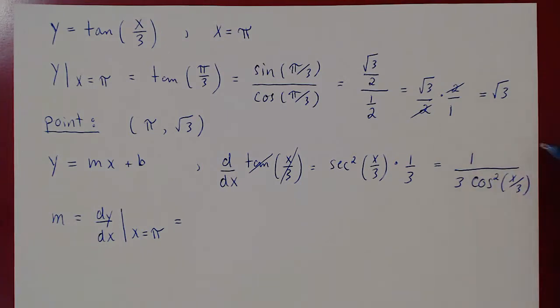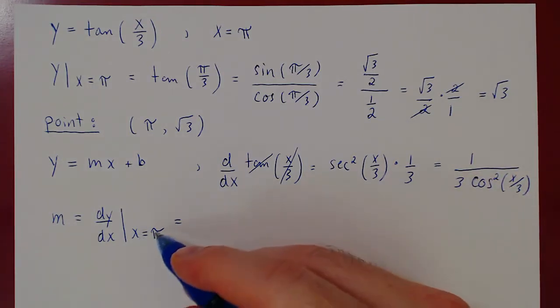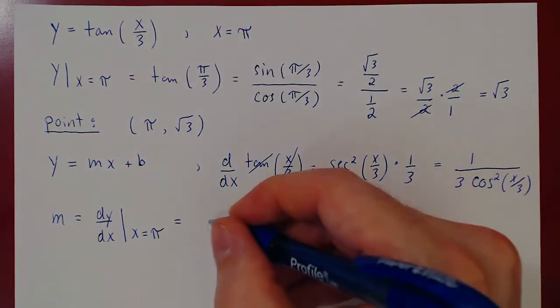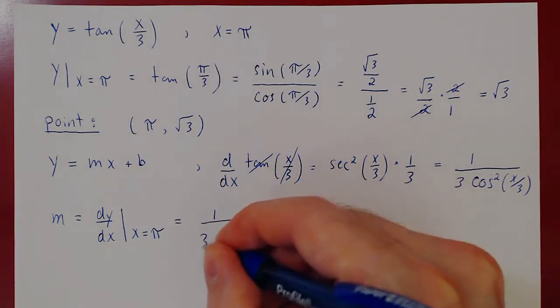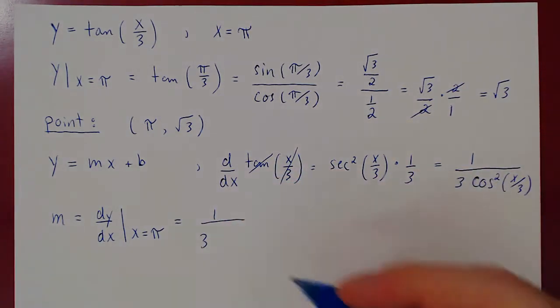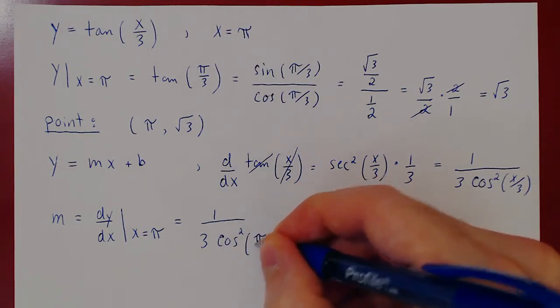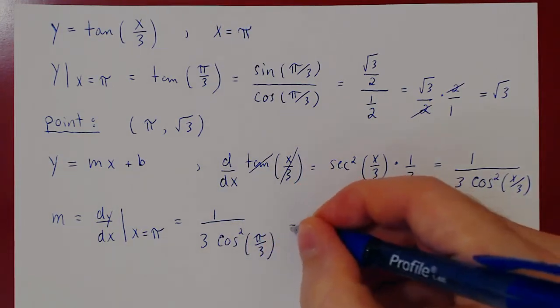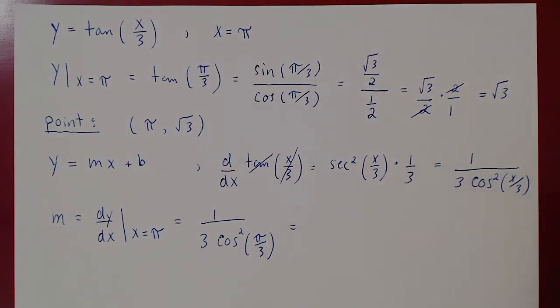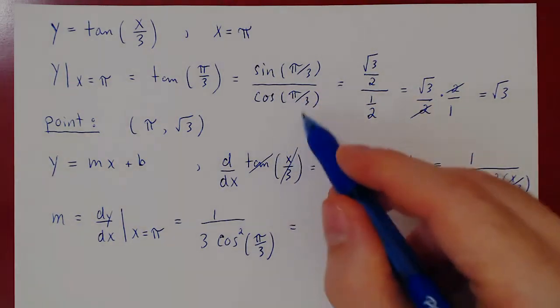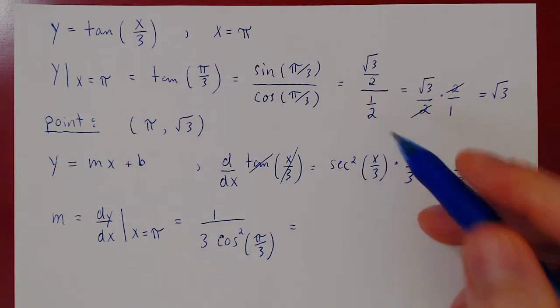Well, here's our derivative, and we are now replacing x by pi. So we'll have 1 over 3 cos squared of pi over 3. Well, if you remember just a few seconds ago, we noticed that cos of pi over 3 is 1/2.